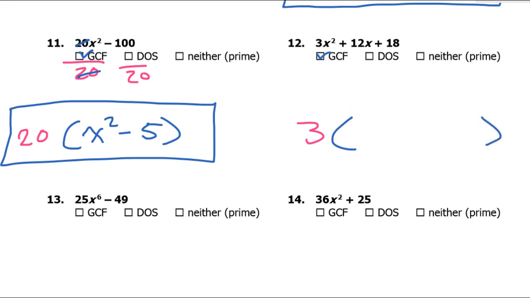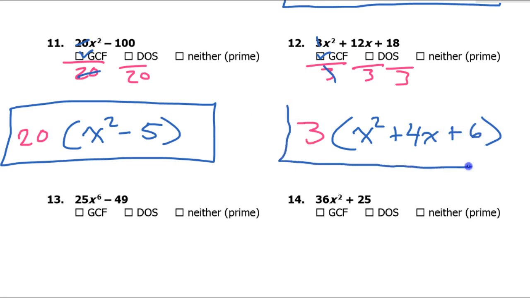Okay, so look, to figure out what goes inside the parentheses, I need to divide everything by my GCF. So these 3's are going to cancel each other out, and that's going to leave x squared. 12 divided by 3 is 4, so this will leave 4x. And 18 divided by 3 is 6. So this is going to be the final answer.